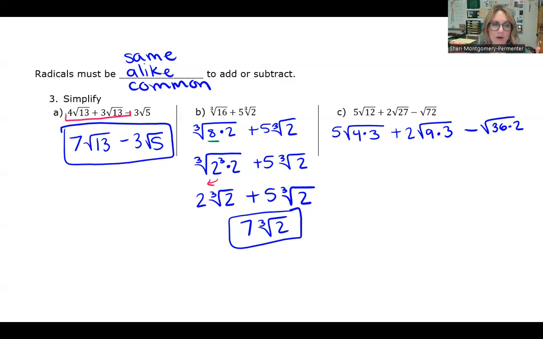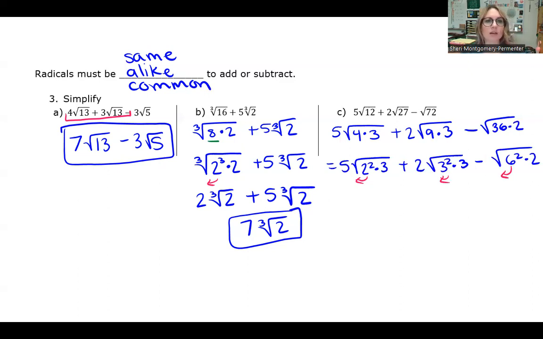Okay, so now I'm going to rewrite these. Because that's 2 squared. And 3 squared. And 6 squared. So remember, anything that is squared can rewrite out into the front. This might be the first time that we've rewritten something out into the front and there was already something there.